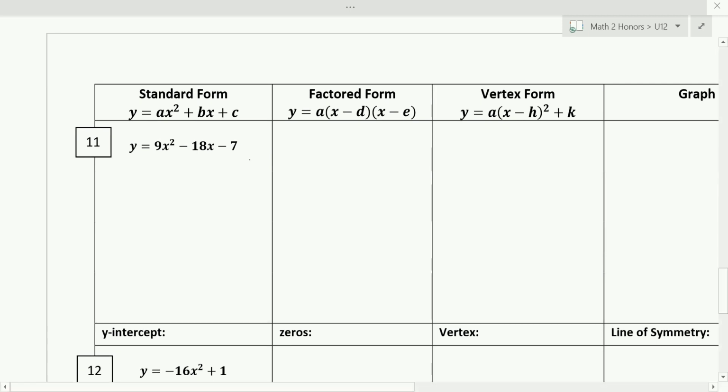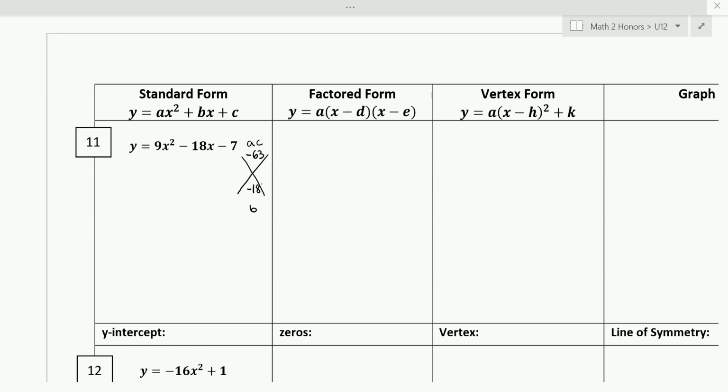And when we try to factor, you're gonna multiply a times c together. And what do we get when we multiply a times c? Negative 63. And you're going to put b down here, which is negative 18. And you're looking for two numbers that multiply to AC and add to b. So two numbers that multiply to negative 63 and add to negative 18.